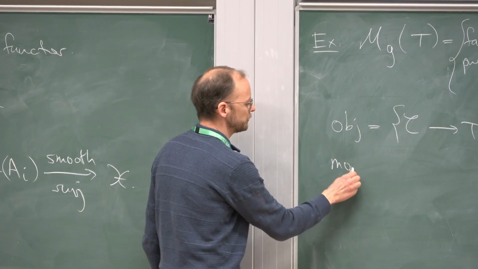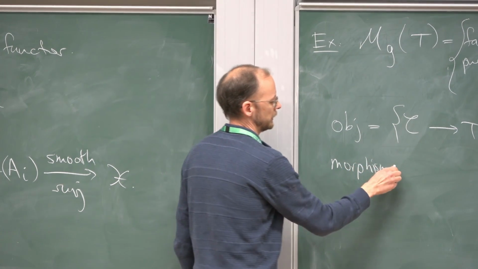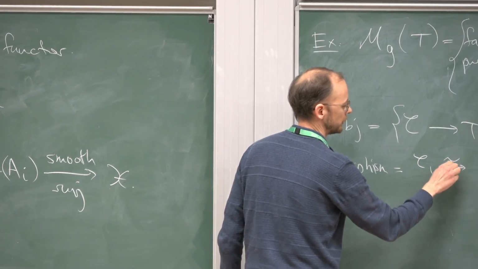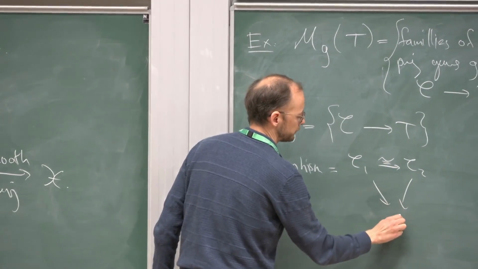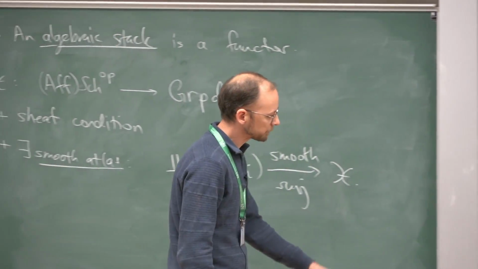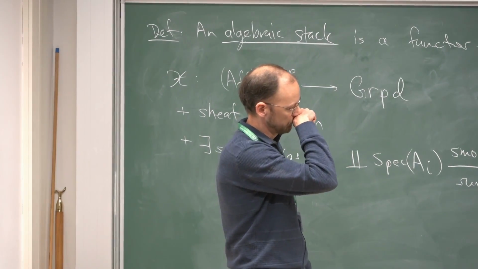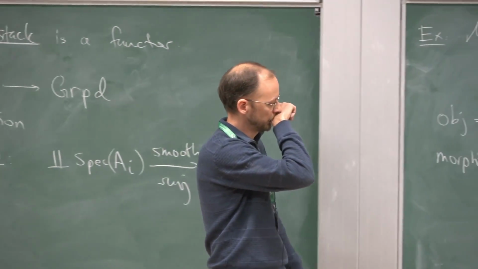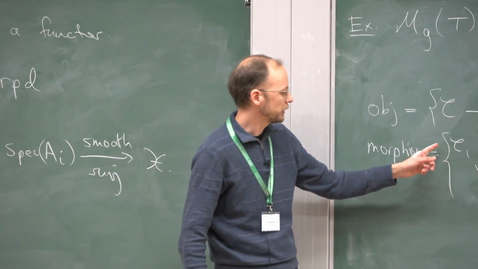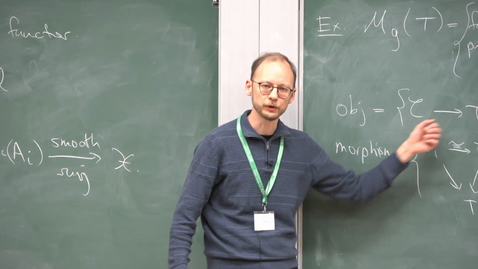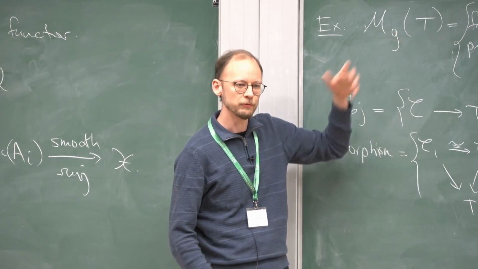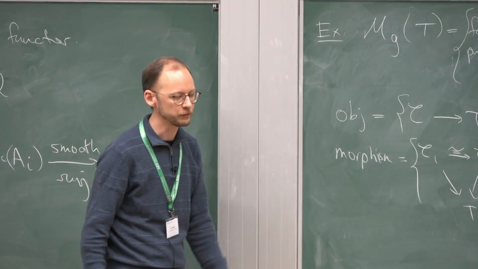But then I also want to have morphisms. So a morphism from C1 to C2 is going to be an isomorphism relative to T. And the most interesting thing here is that if I look at the morphism between C and C itself, I get the automorphisms of C. So this stack, this functor, remembers not only the curves but contains the data of automorphisms.